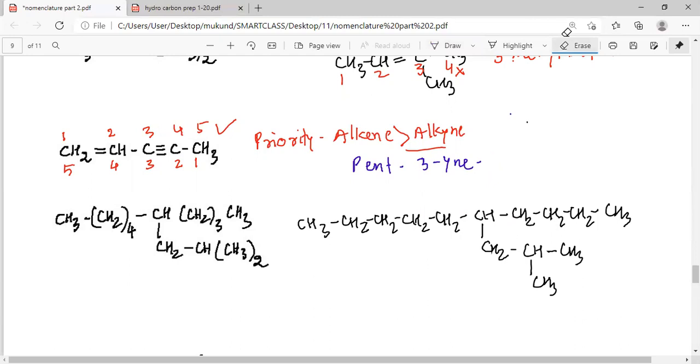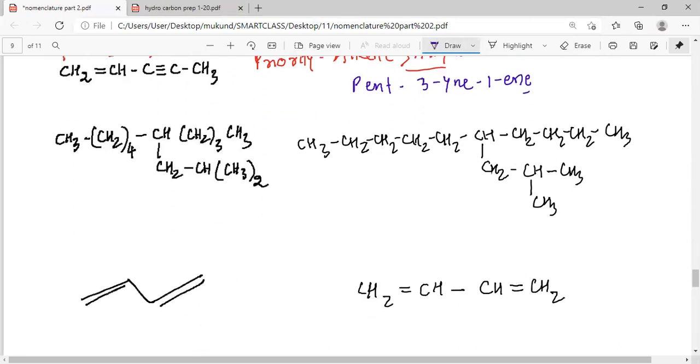Let us write it as 1-ene. So we'll have pent-3-yne and 1-ene. This is how we can write the name of this compound. It's quite simple. Please remember that we need to have the priority for alkene as compared to the alkyne.